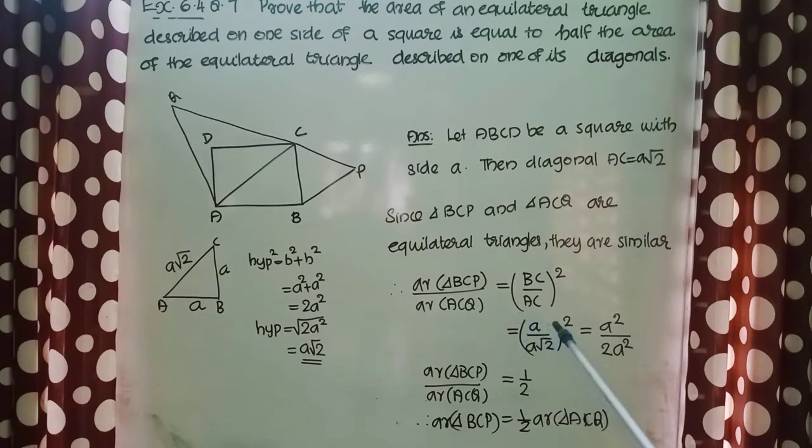So that is equal to a by a root 2 whole square, that is equal to a square by 2a square. a square we can cancel. We get area of triangle BCP by area of triangle ACQ equal to 1 by 2. Let us take this ACQ to the right side. We can conclude area of triangle BCP equal to half into area of triangle ACQ.